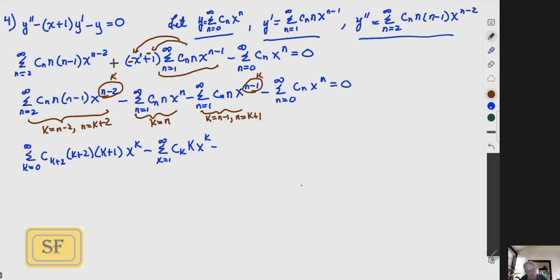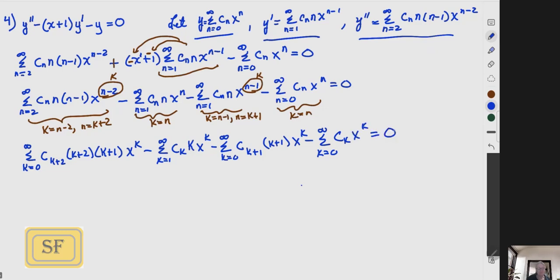And I get the sum k goes from 0 to infinity, c sub k plus 1 times k plus 1, x to the k. And then on the last summation, k is equal to n. And we get minus the sum k goes from 0 to infinity, c sub k x to the k, equals 0.